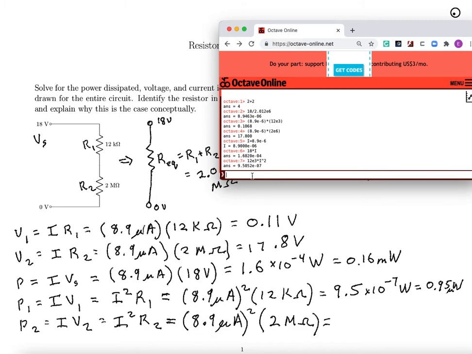And the second resistor, 2 mega ohms times I squared. So 2E6 times I squared.